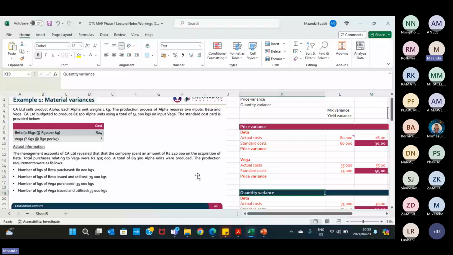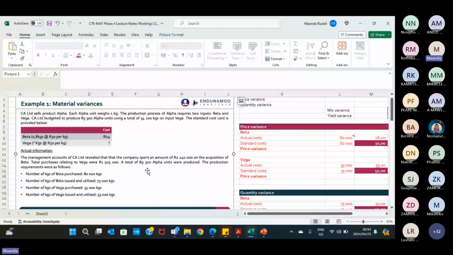Okay, yes. So very good. And that's what you do, right? So the 0.8 kg, I know I take 0.8 kg to manufacture that unit. But if I'm talking about the usage and what people used, I can't be talking about the usage on what I've budgeted, which is not what is happening.